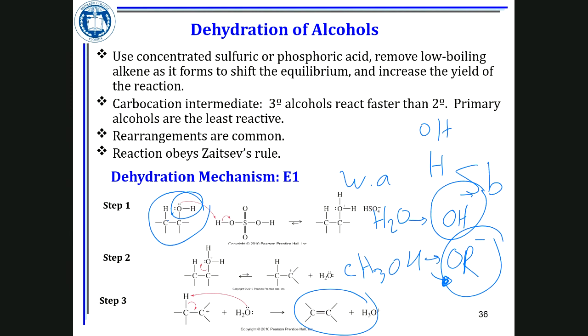CH3OH is a weak acid. Alcohols are not strong acids, otherwise you wouldn't be able to drink them, right? Alcohol is a very weak acid, and the alkoxide, after losing hydrogen, becomes a very strong base. So it's not a good leaving group.